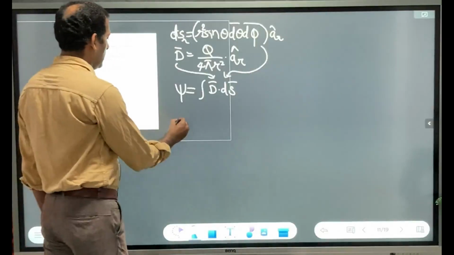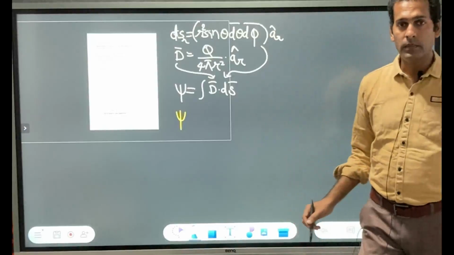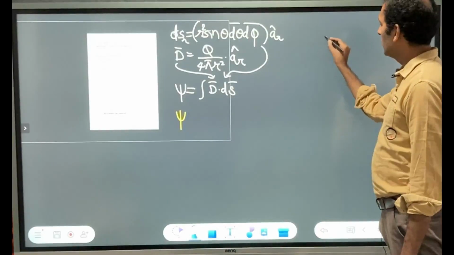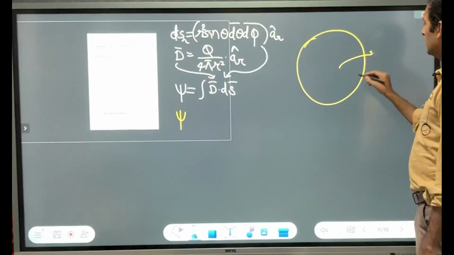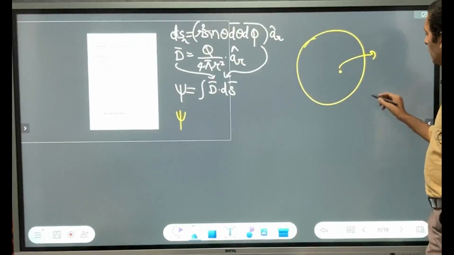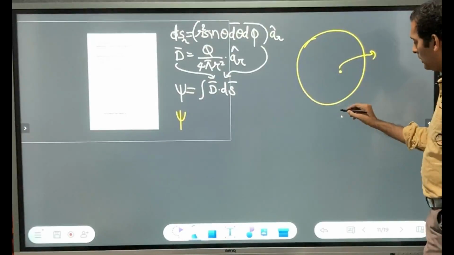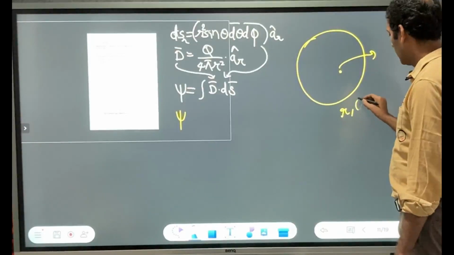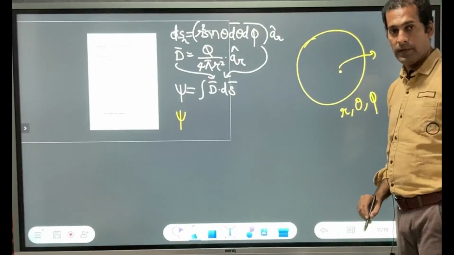So here one more thing we have to remember: what are the limits for the spherical coordinate system. In a spherical coordinate system there are 3 parameters which define some point P. For defining them, what we require is radius r, then some angle theta, and then some angle phi.